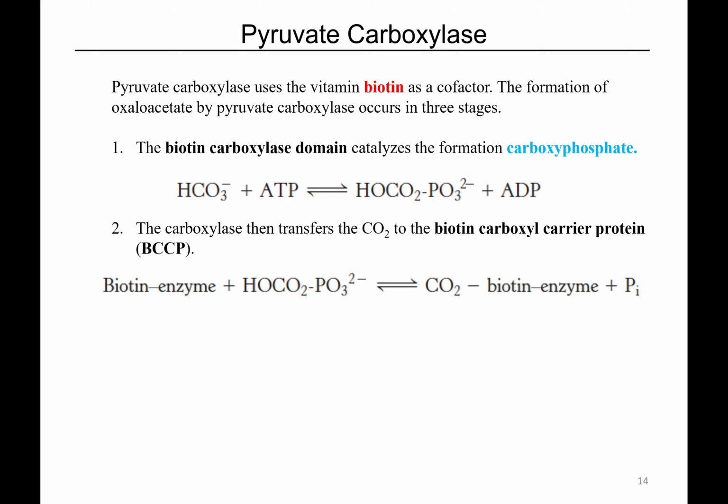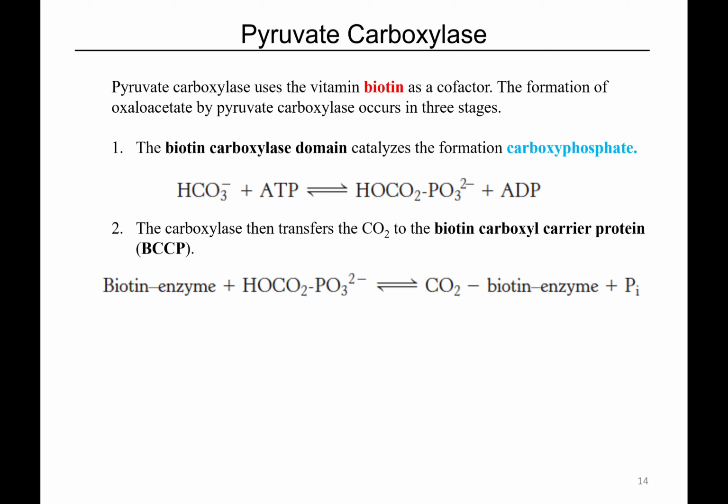So in the next step, we start with biotin covalently bound to the enzyme. It reacts with our carboxyphosphate, our activated CO2. The CO2 gets transferred onto biotin, so we now have the covalent bond between biotin and CO2. We release inorganic phosphate. Now the energy of ATP hydrolysis is trapped in the bond between biotin and carbon dioxide.